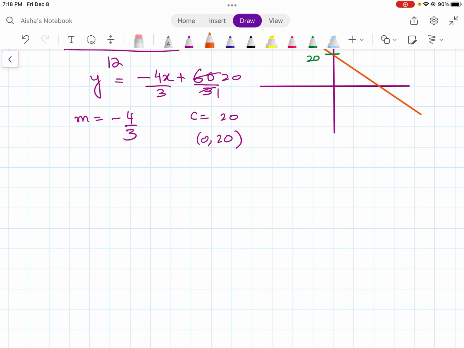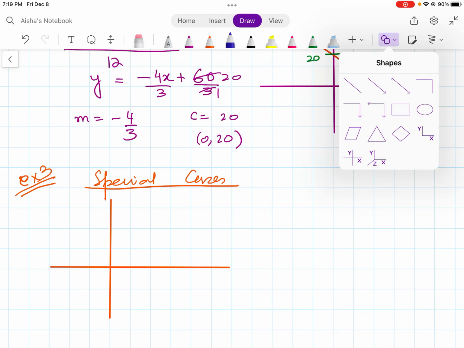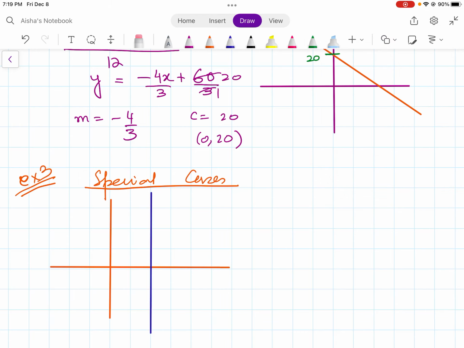Linear equations, there are two special cases. What are those two special cases? If the line is a vertical line, the gradient is undefined and the equation is x equals the x coordinate. So if I look here, the equation will be x equals 2.